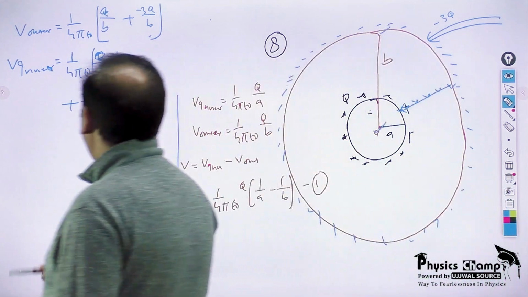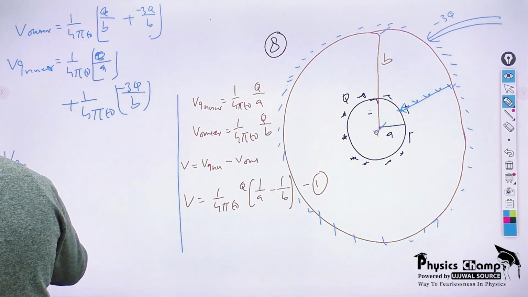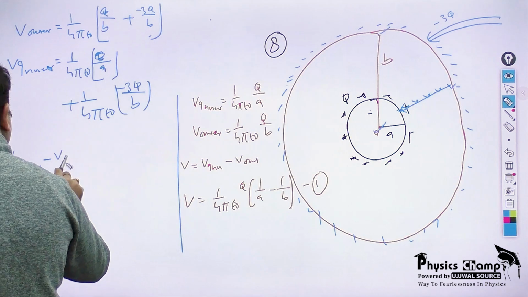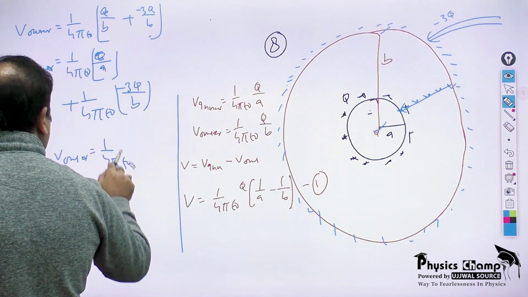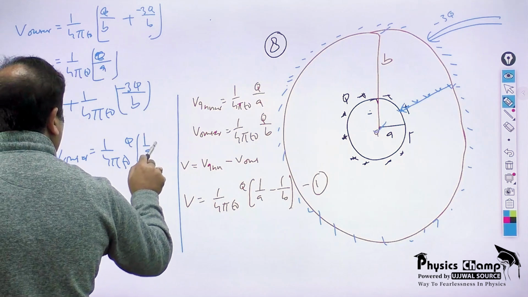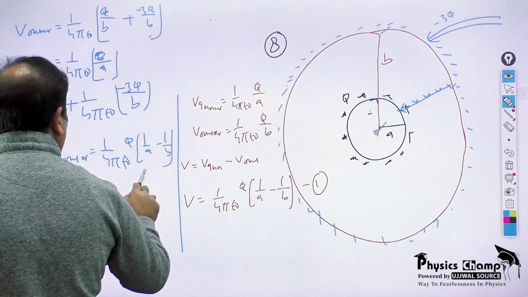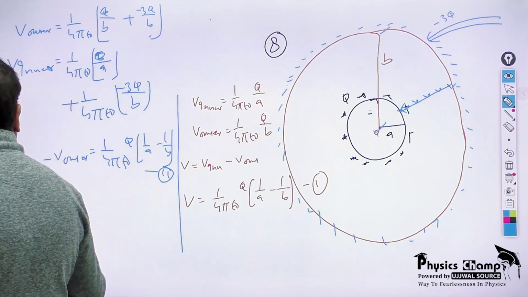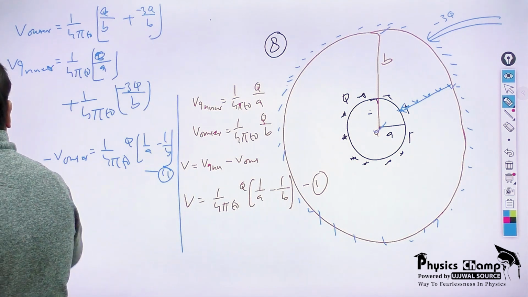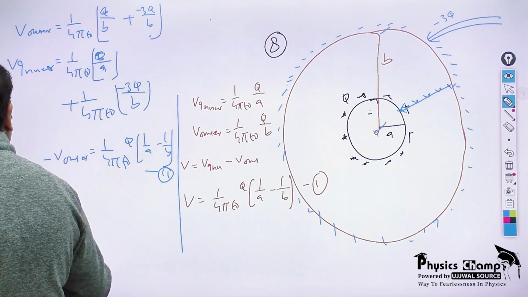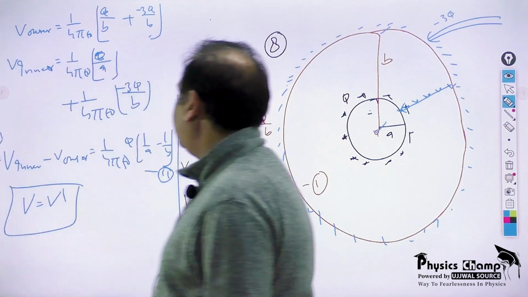So if I look for V inner minus V outer, the answer will come out the same, 1 by 4 pi epsilon naught Q times 1 by A minus 1 by B. So if I compare equation 1 and 2, I can say V and V dash are the same, no change of potential.